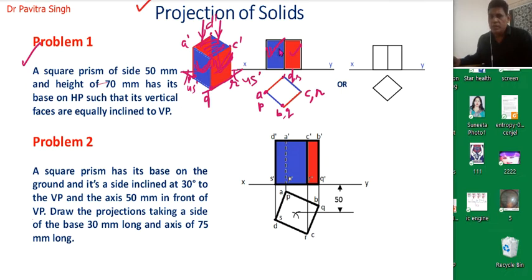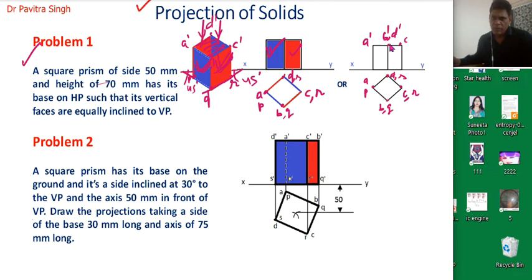So finally we will draw in the drawing sheet without any color. So we will draw the XY line. This will be point A and P. This will be point B and Q, point C and R, D and S. Okay, and here this will be A dash, B dash, C dash and D dash.